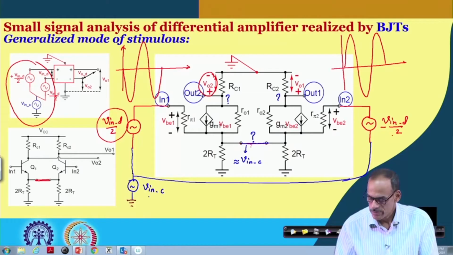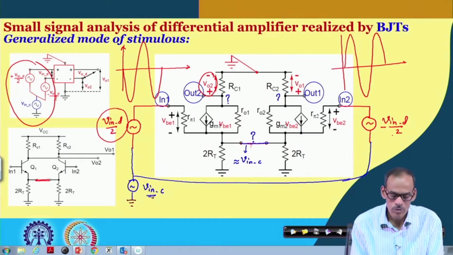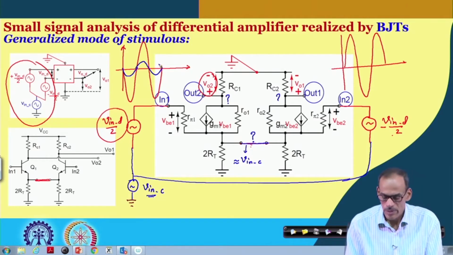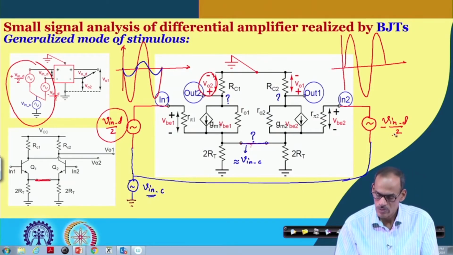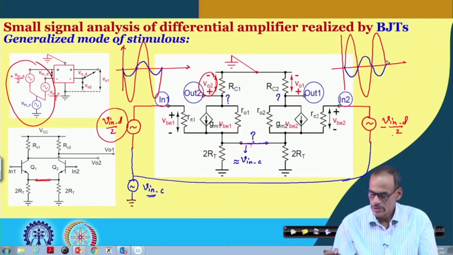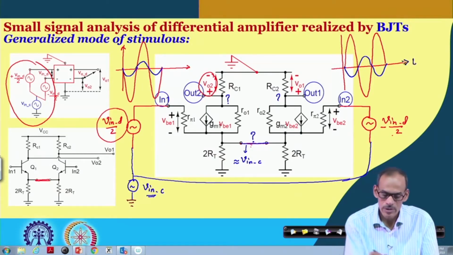And then we do have the effect of the common mode part, which is of course having smaller amplitude. And so, here we do have the common mode input, which is again getting flipped. Note that for our simplicity, we have considered both the signals are having the same frequency.